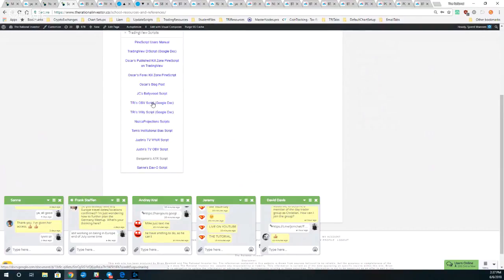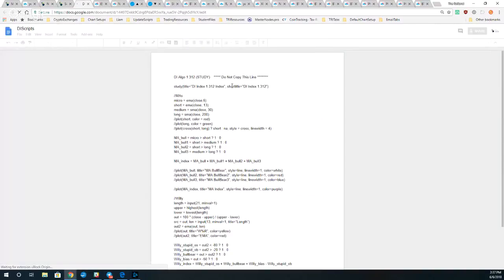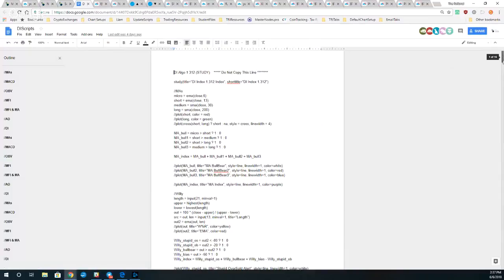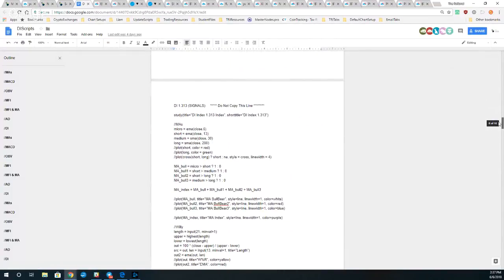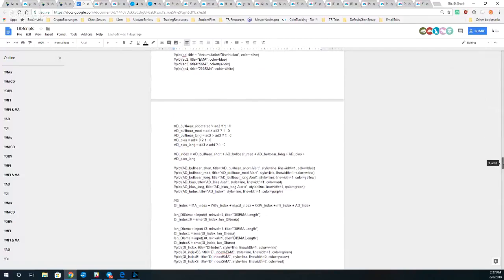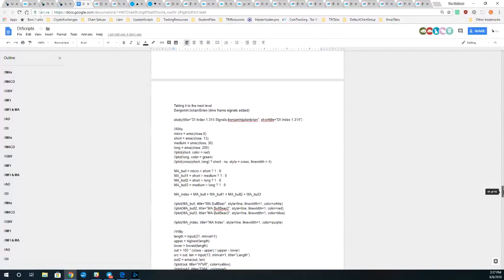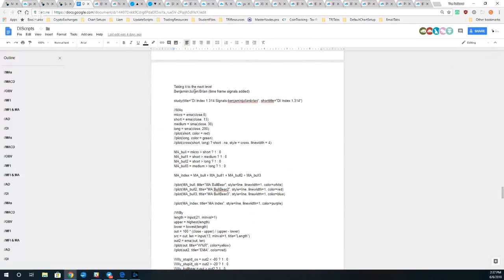One of these. Line script, TradingView. Yeah, here we go. So you should have access to this. So that's the DI. The main document, yeah? Yeah, the first one's the indicator. The second one's the signals. We have Julian, Benjamin, and Brian's signaling system.